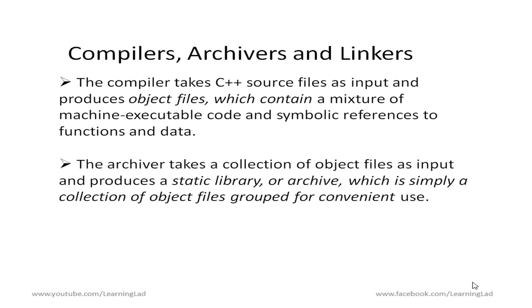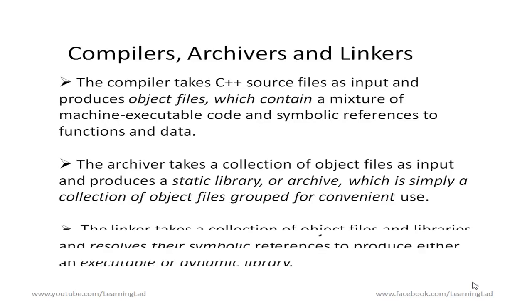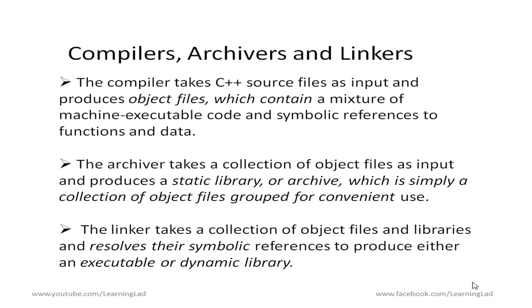Then the archiver takes a collection of object files generated by the compiler as an input, and it produces a static library or an archive, which is simply a collection of object files grouped for convenient use. And next, the linker. The linker takes a collection of object files and libraries and resolves their symbolic references to produce either an executable or a dynamic library.